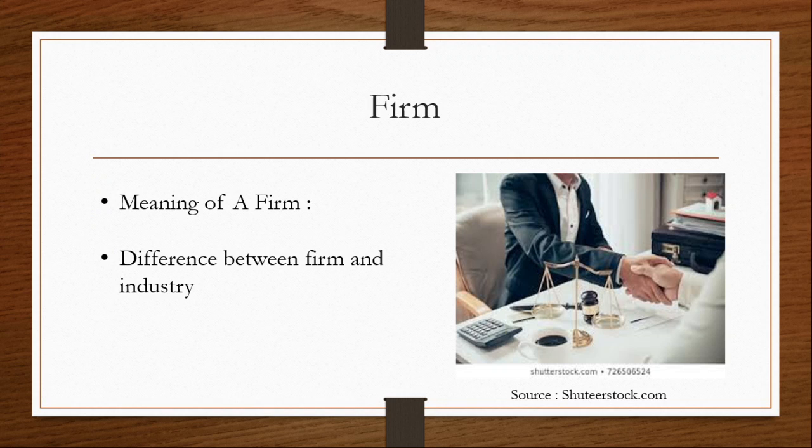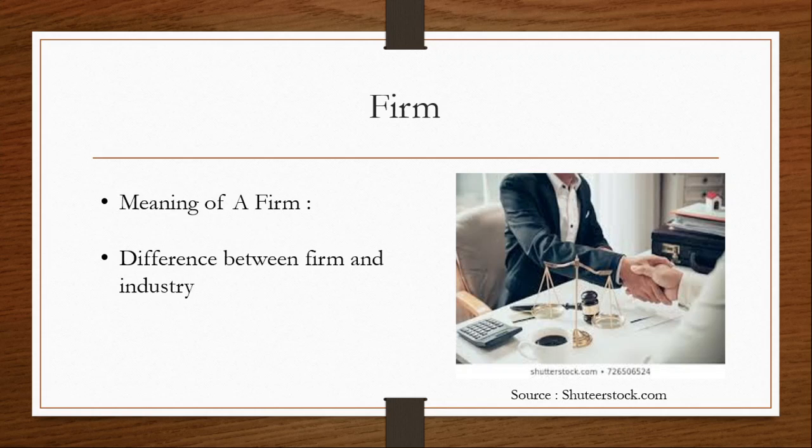Firms. See, students often make mistakes in deciding between firms and industry. So firm stands for the unit of production where the production of a single commodity or service happens. Let's say a firm is producing bottles. So we cannot say the industry of bottles but the firm of bottle production.